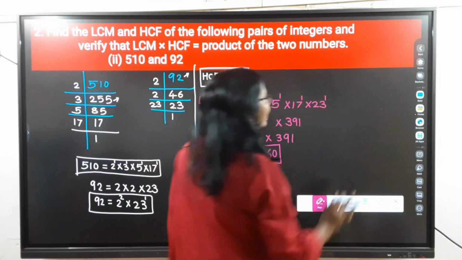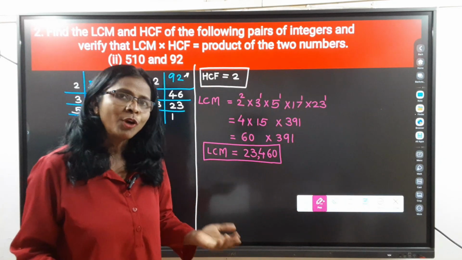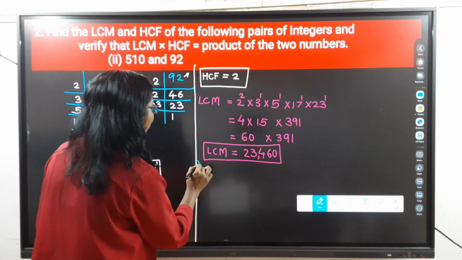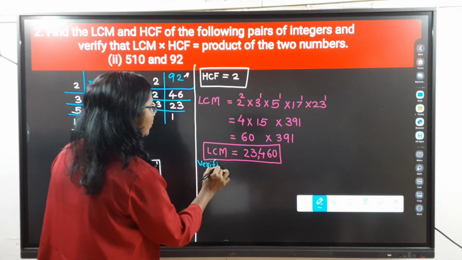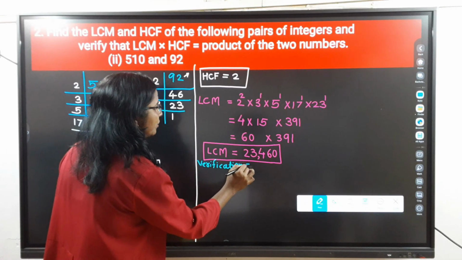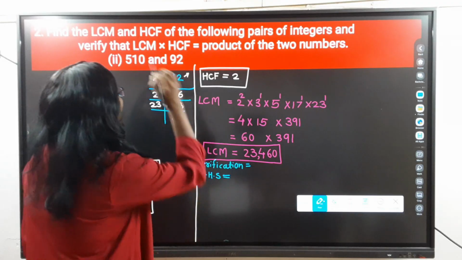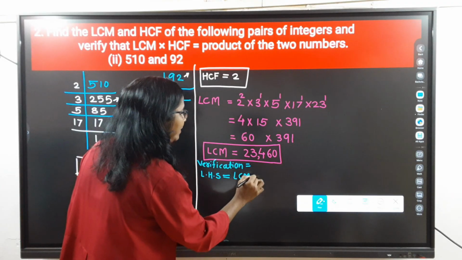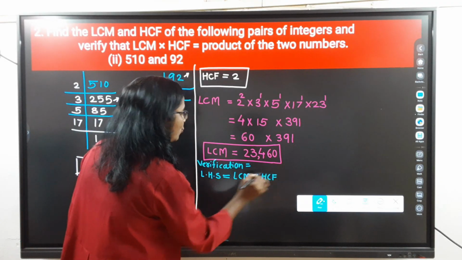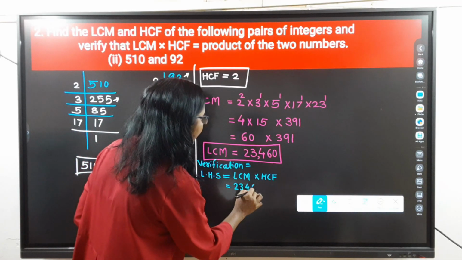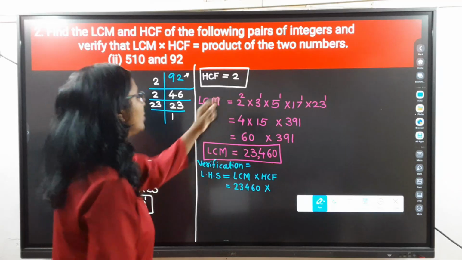Now students, our next process is the verification. So see the verification, here I write down the verification. Verification for LHS is the product of LCM and HCF. The LCM is 23,460 and the HCF is 2.